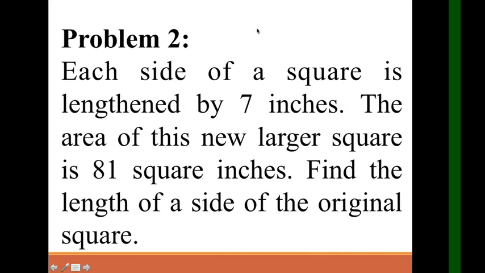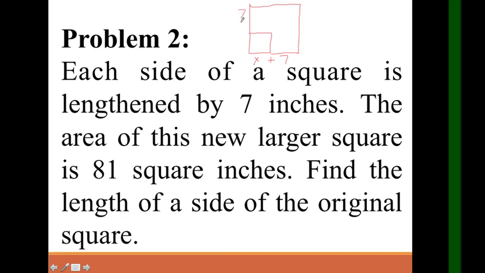So, ibig sabihin, kung meron tayong small square, supposed to be this is a perfect square, nag-add sila sa sides nito ng tig 7. Okay, let's say this is 7. Sa side niya, no? So, hindi natin alam kung ano ang measurement ng original na square.